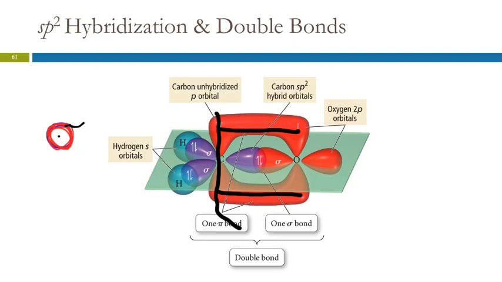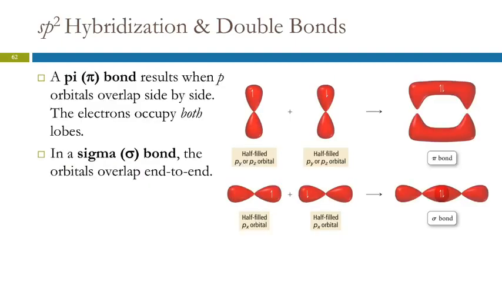So let's look more at that pi bond. A pi bond happens when you have p orbitals that are overlapping side to side. So here we have half-filled either py or pz orbitals. They are parallel with each other, and they will overlap side to side.